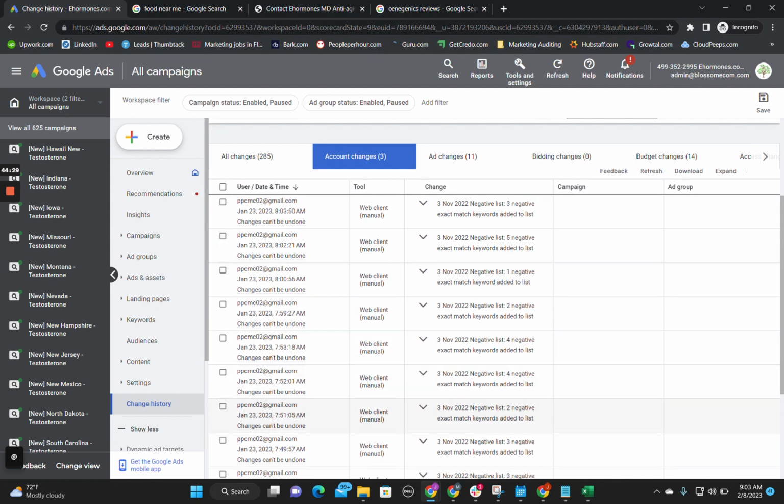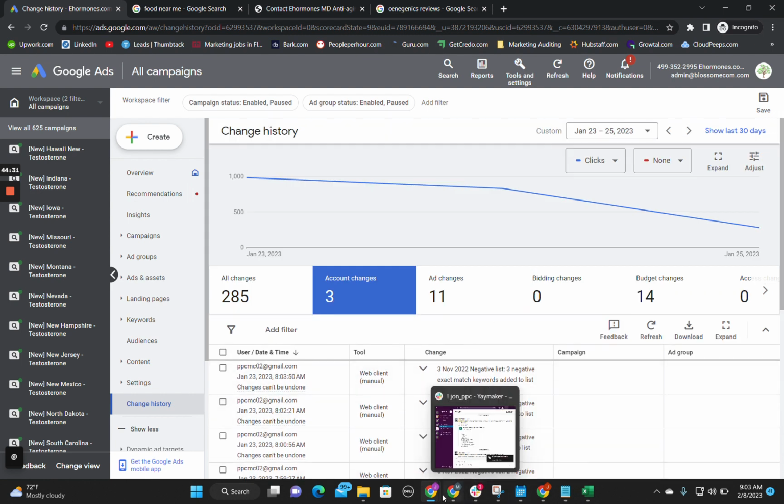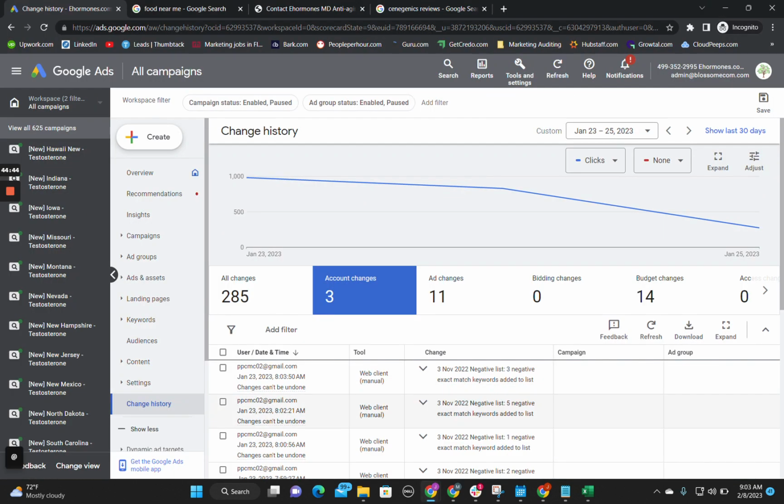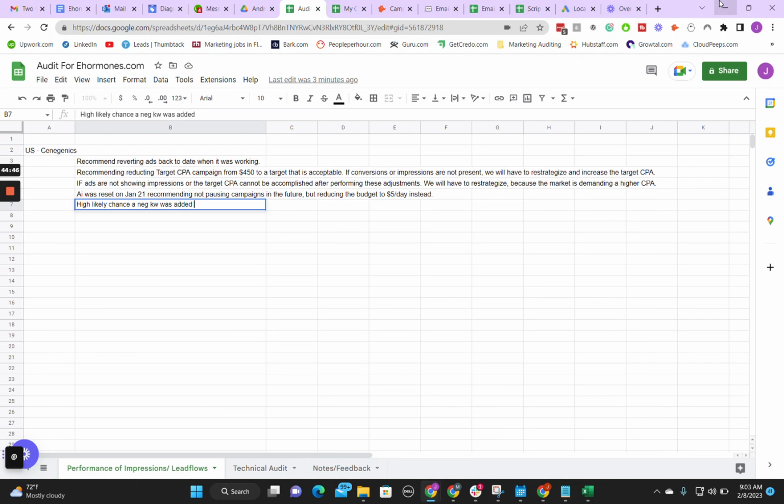So the negative keywords, they probably added in a negative keyword that impacted this. So high likely chance a negative keyword was added on January 23rd, which caused the cost per conversion to go up.